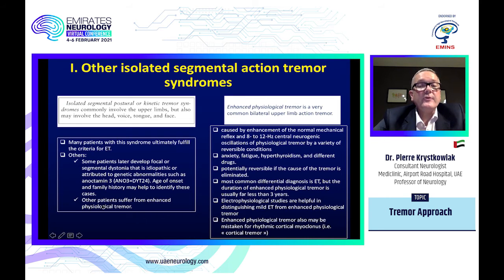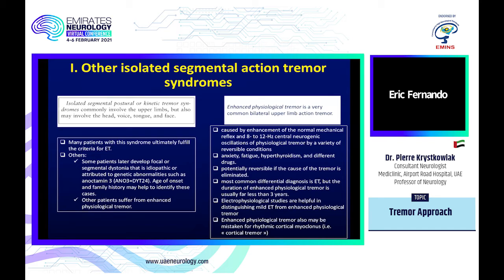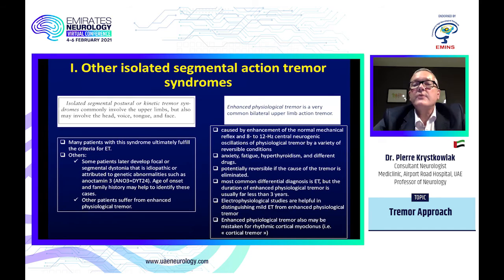And other patients suffer from enhanced physiological tremor. Enhanced physiological tremor is a very common bilateral upper limb action tremor. It is an enhancement of the normal reflex loop and 8 to 12 Hz central neurologic oscillation of physiological tremor by a variety of reversible conditions. So anxiety, fatigue, hyperthyroidism, and different drugs can give this kind of tremor.